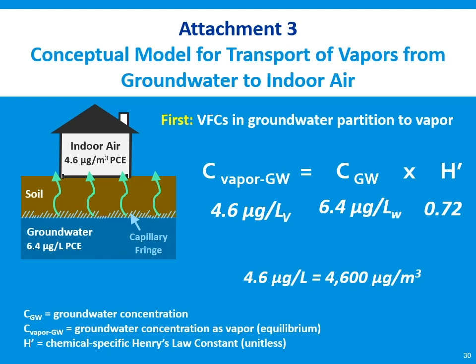This produces a theoretical soil gas concentration of 4.6 micrograms per liter right above the top of the groundwater. At this point, the units need to be converted. The concentration of 4.6 micrograms per liter needs to be multiplied by 1,000, producing a concentration of 4,600 micrograms per cubic meter. This completes the first step in the vapor migration calculation.